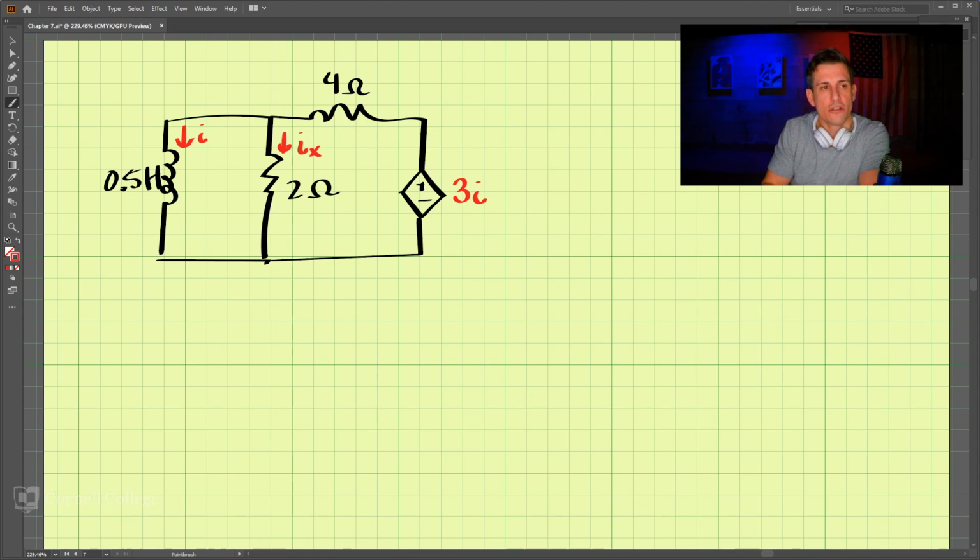All right, to start on this problem, because we have an RL circuit, we would like to know the equivalent resistance.